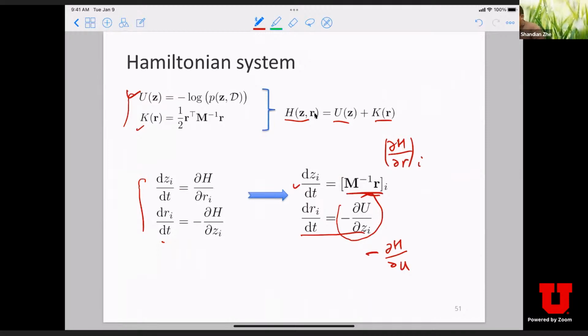And we know that the potential energy is the negative log likelihood. So this tells you that the change rate of the momentum is the partial derivative of the log joint probability of our original model over the ith element of Z.